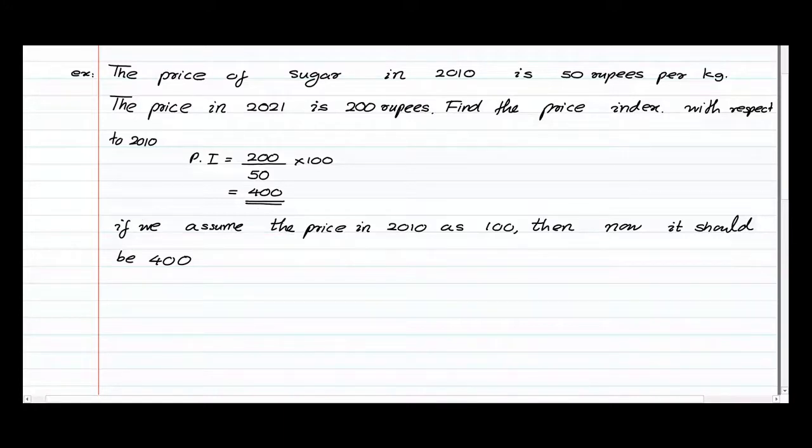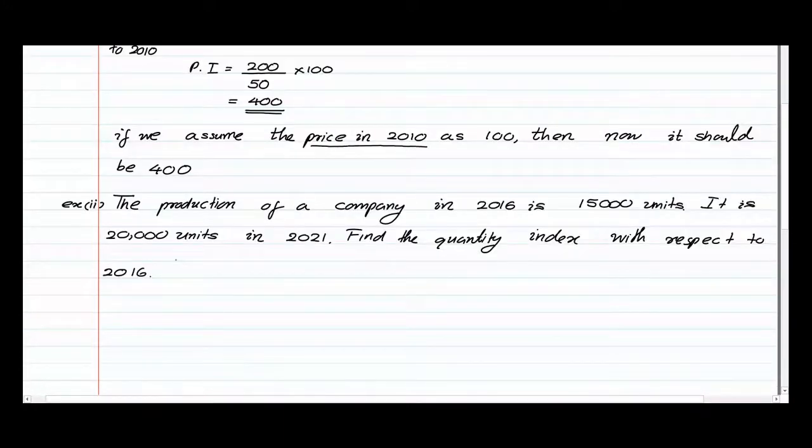Let me take another example. The base year 2016 value is 15,000. Now it is 20,000. Out of 100, how much? It's not a percentage. We don't say it's a percentage. 5 times 4, 5 times 3, so 4 over 3 into 100 is 133.3.